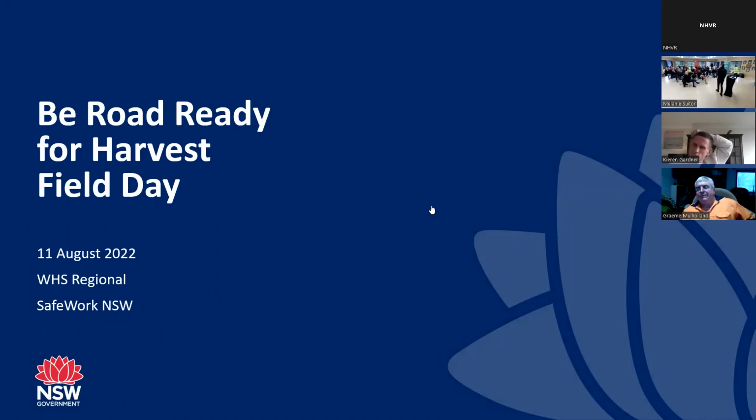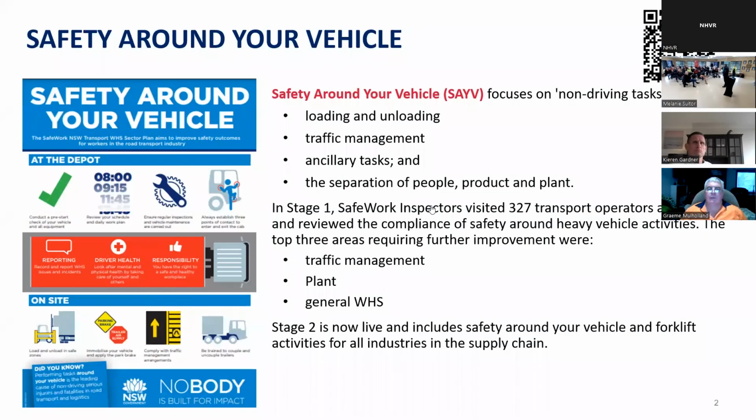So good morning everybody, my name is Reece Side. I'm the second inspector based out of the Orange office. SafeWork New South Wales is the regulator for workplace compensation legislation in the state.